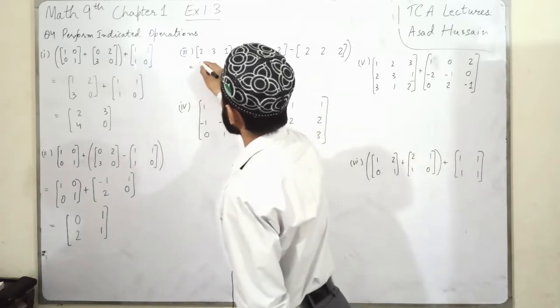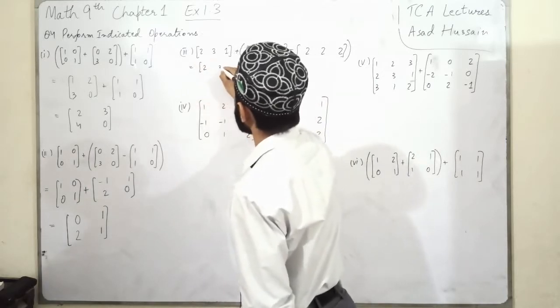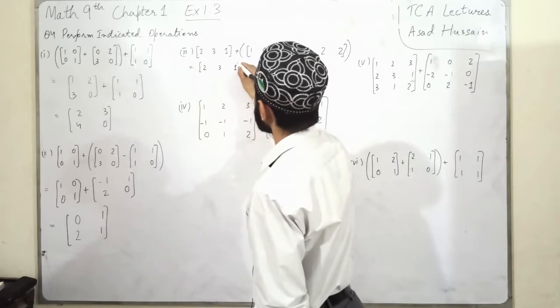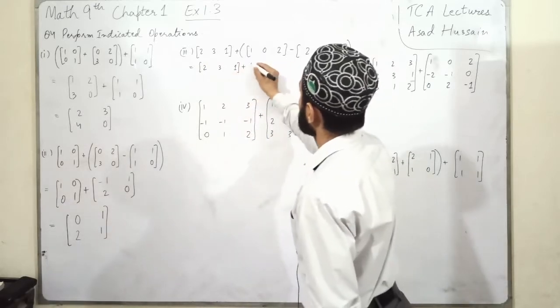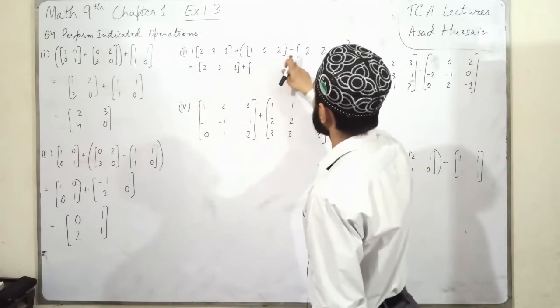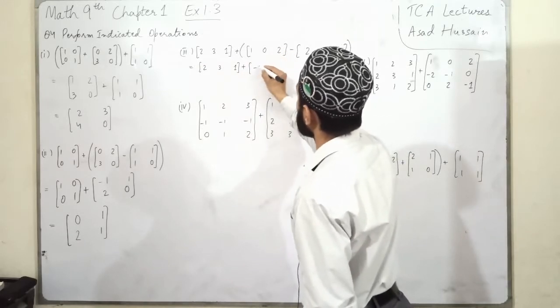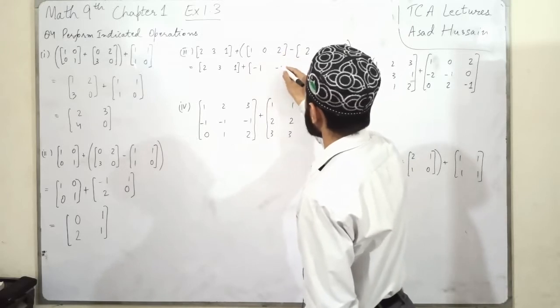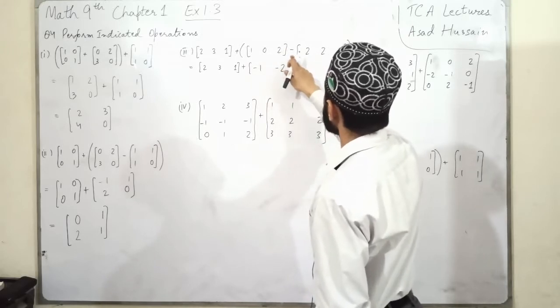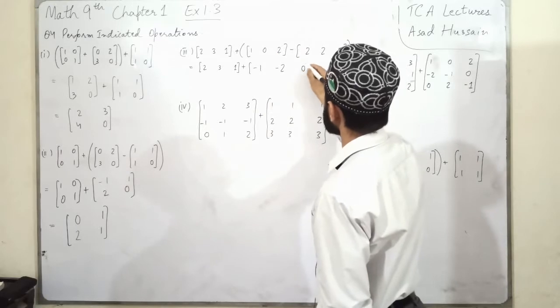Now writing the first matrix as it is, because it is not in the parenthesis and we have to solve the matrices in the parenthesis first. Now 1 minus 2 is equal to minus 1, 0 minus 2 is equal to minus 2, 2 minus 2 is equal to 0.